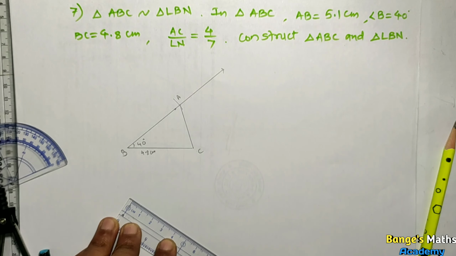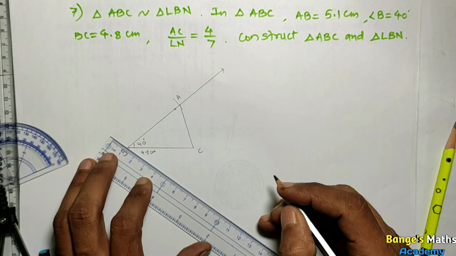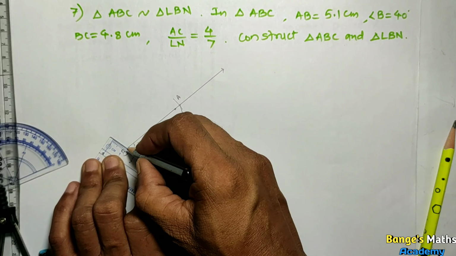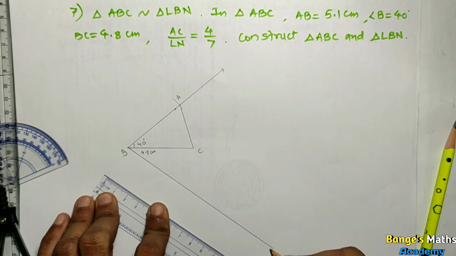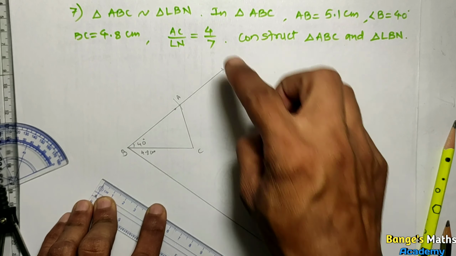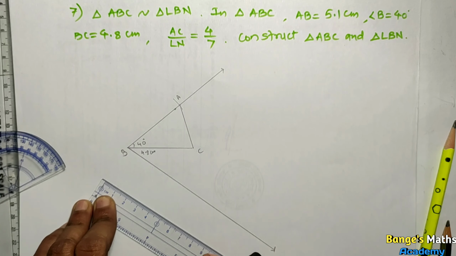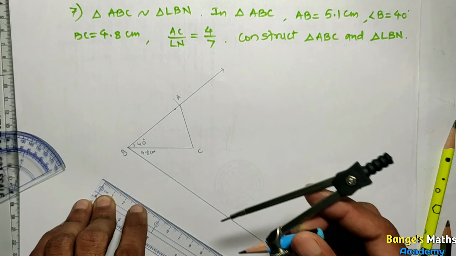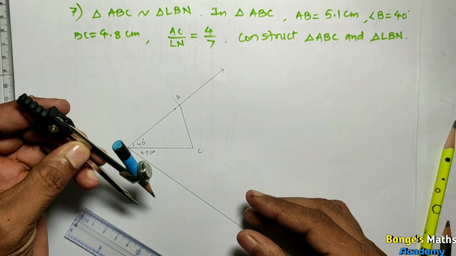We have to construct triangle LBN. So draw ray passing through BA with respect to side BC to the lower side. AC upon LN is 4 upon 7. The ratio is given 4 upon 7. So draw 7 equal parts on this ray, taking suitable distance in compass.